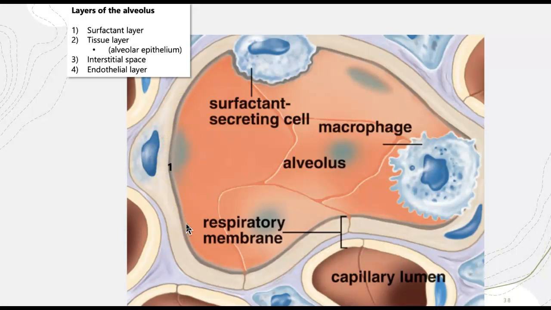Then we are going to have our tissue layer, which contains a lot of our cells, like our type 1 alveolar cells, our type 2 alveolar cells, and our type 3 macrophages. We also are going to have layer 3, which consists of our interstitial space. And lastly, our endothelial layer. And again, this creates our respiratory membrane in order to allow gases to move in between our alveolus and the capillary.